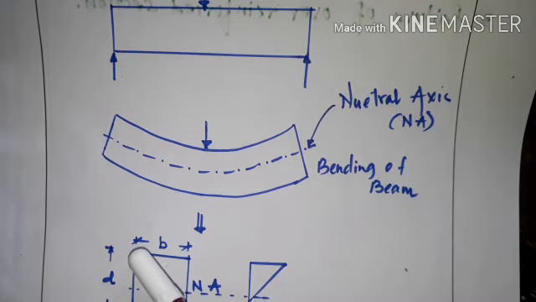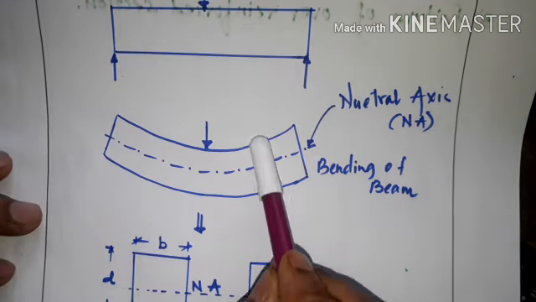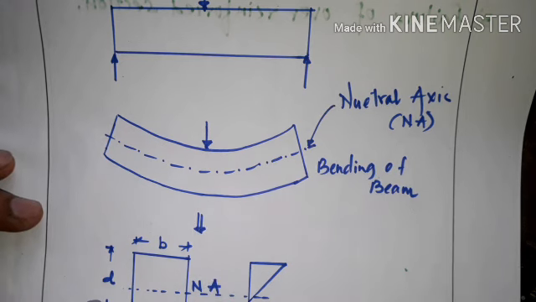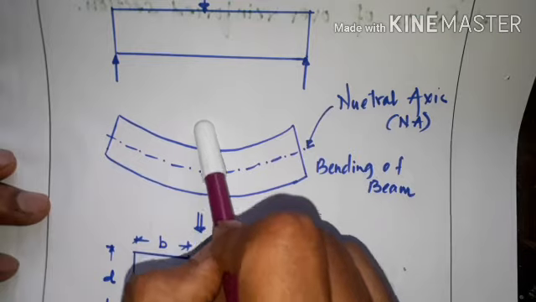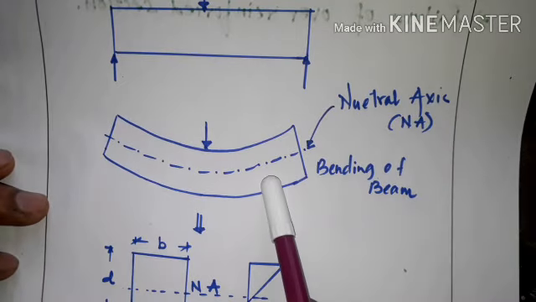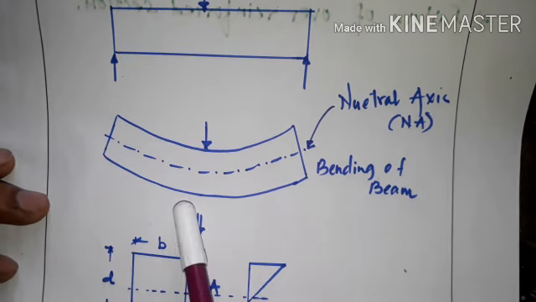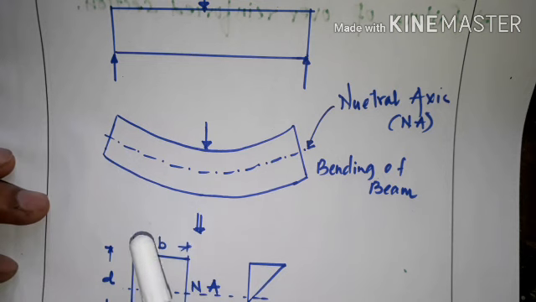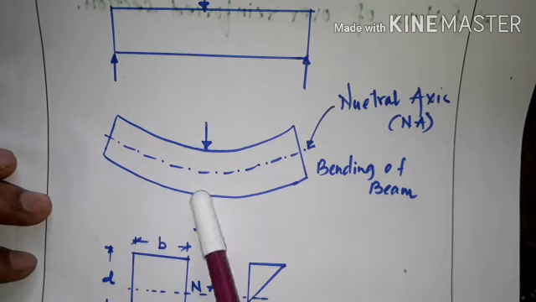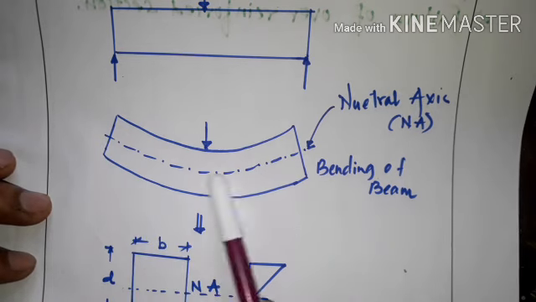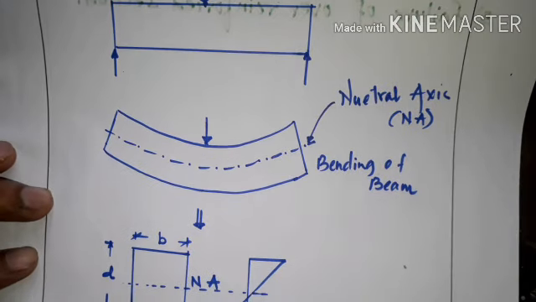Whatever compression or tension is developed in the section because of the external load has to be resisted by the internal resistance of the material, developed by the material provided in the section. So that is nothing but its flexural strength.